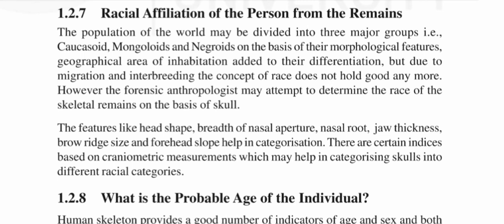However, the forensic anthropologist may attempt to determine the race of the skeletal remains on the basis of the skull. Features like head shape, breadth of nasal aperture, nasal root, jaw thickness, brow ridge size, and forehead slope help in categorization. There are certain indices based on craniometric measurements which may help in categorizing the skull into different racial categories.